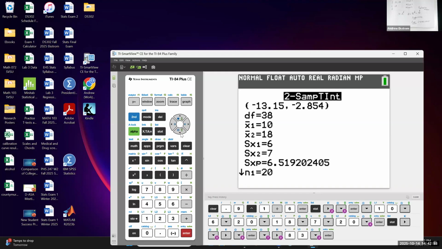And our confidence interval for this is -13 to say -3. So we expect there to be a difference between say 3 and 13 units between the two groups we were looking at. That's all we can really say there.